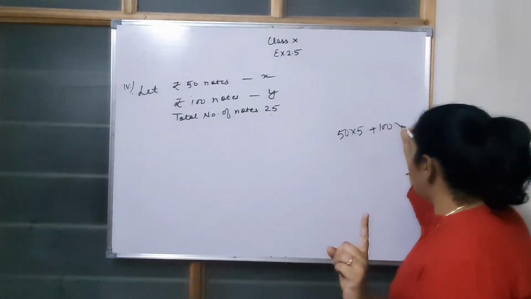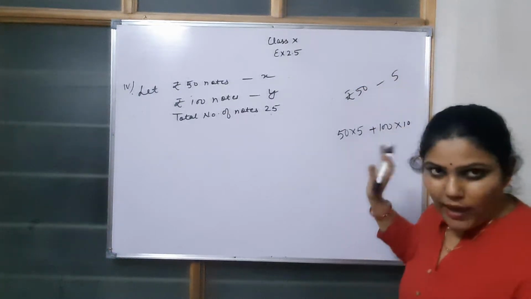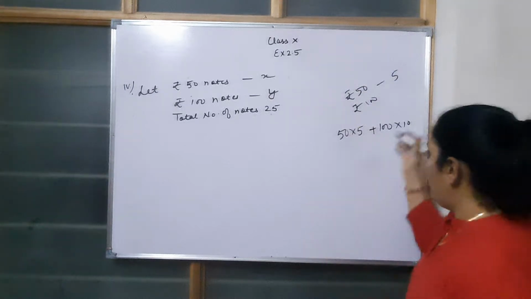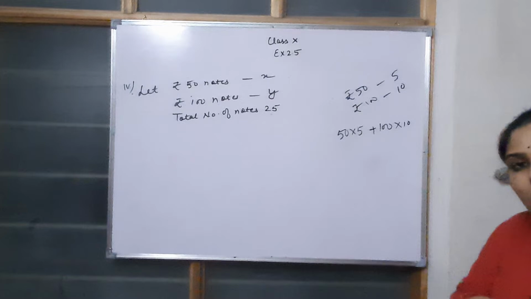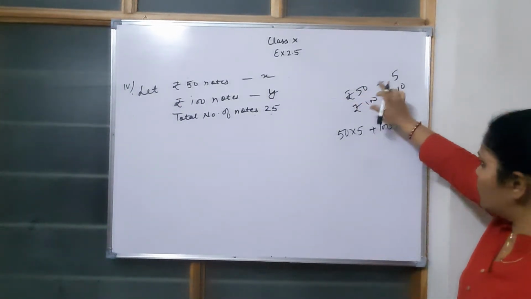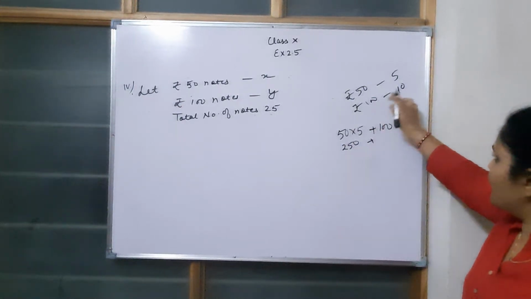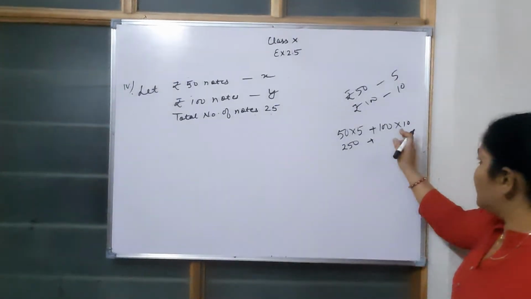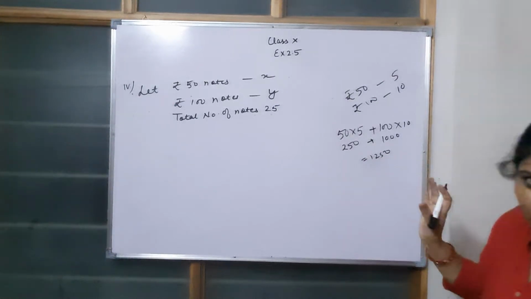How will you calculate the total money? 50 into 5 is 250, and 100 into 10 is 1000. It means you have 1250 rupees in total.